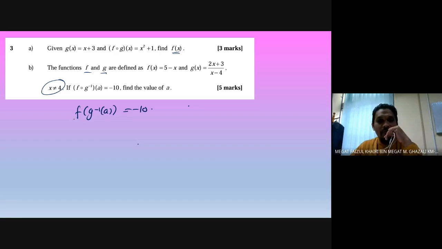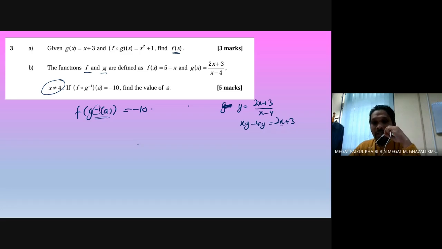So to find the value of a here, we need to find the g inverse first. Let y equal to (2x + 3) divided by (x - 4). Then xy - 4y equal to 2x + 3.